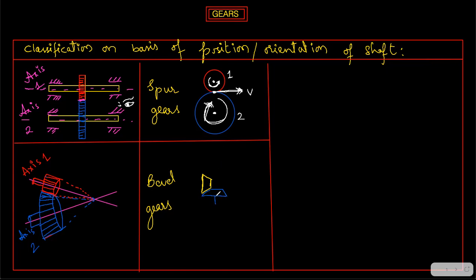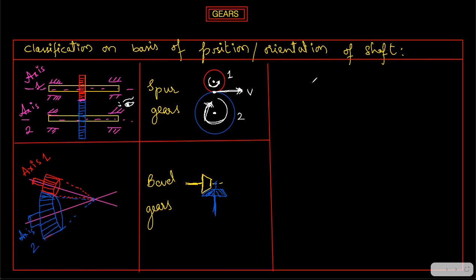Now if you see over here, this is the axis of shaft 1, right? And this is the axis of shaft 2. So this shaft, if you extend, they are going to intersect. So this type of gearing is called bevel gearing. In bevel gearing, there is a special case, and it is called miter gear.